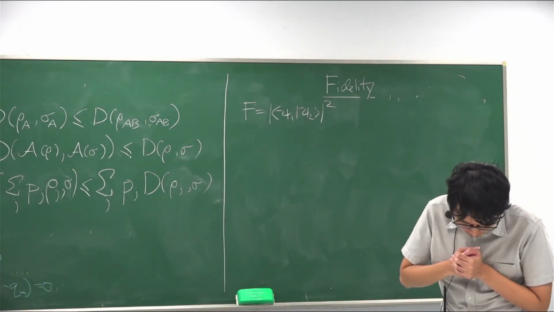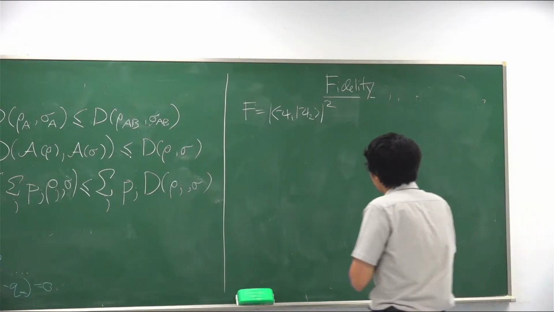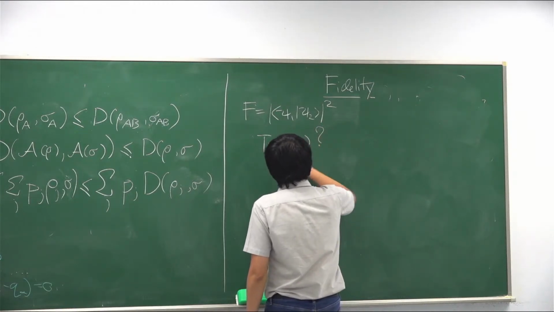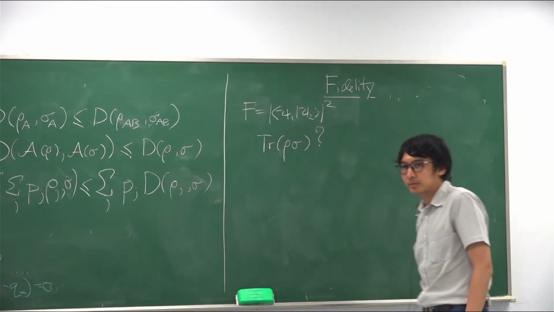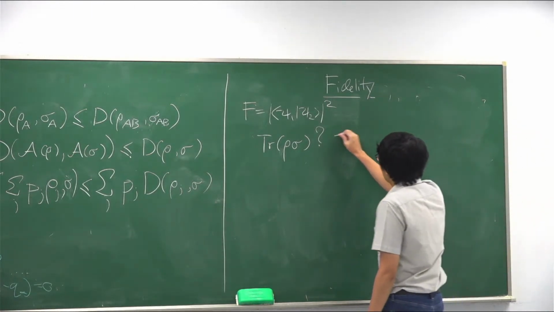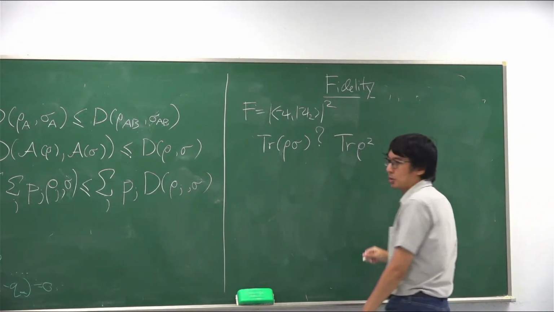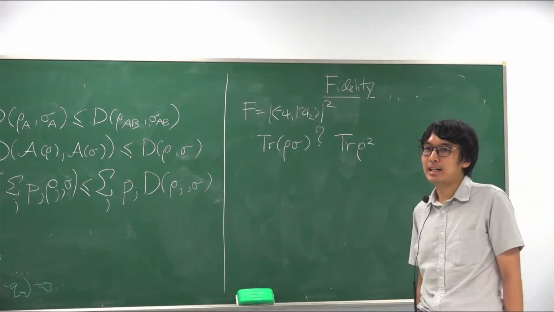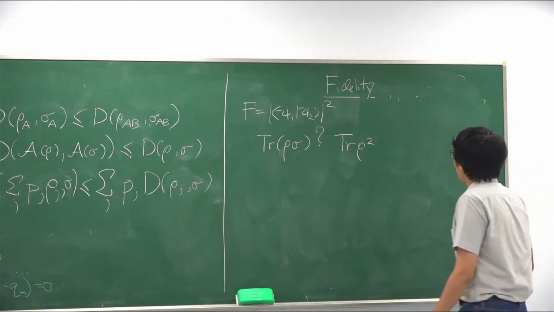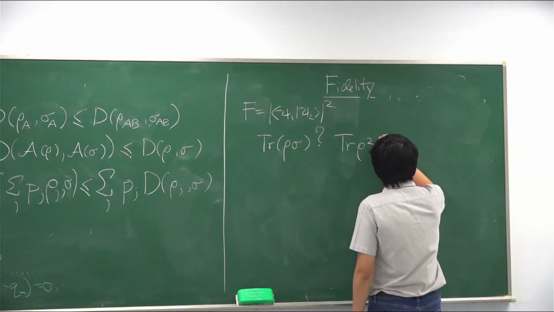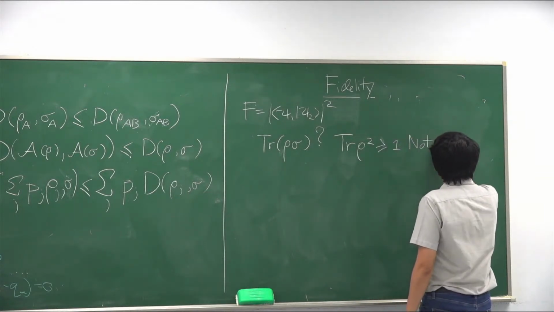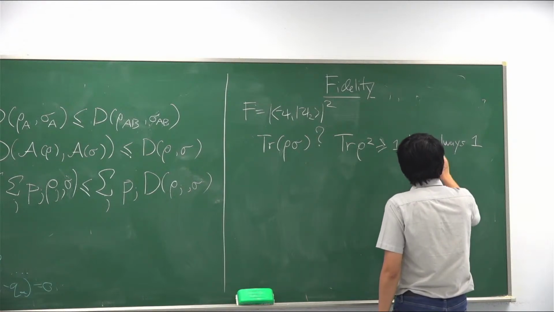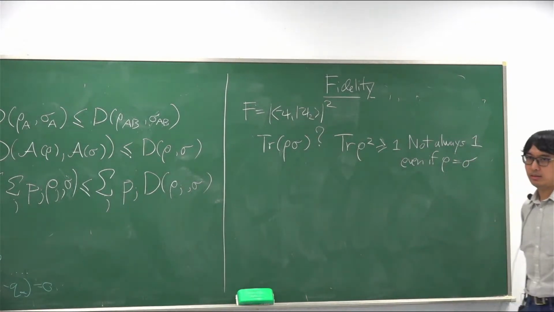Maybe you want to do this? Well, it doesn't work because if I put in rho squared, this is not always 1, even though it's the same state. Not always 1, even if rho and sigma are identical.